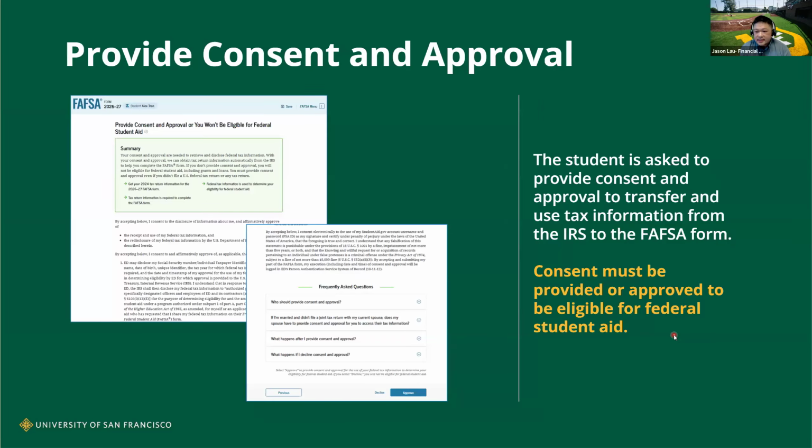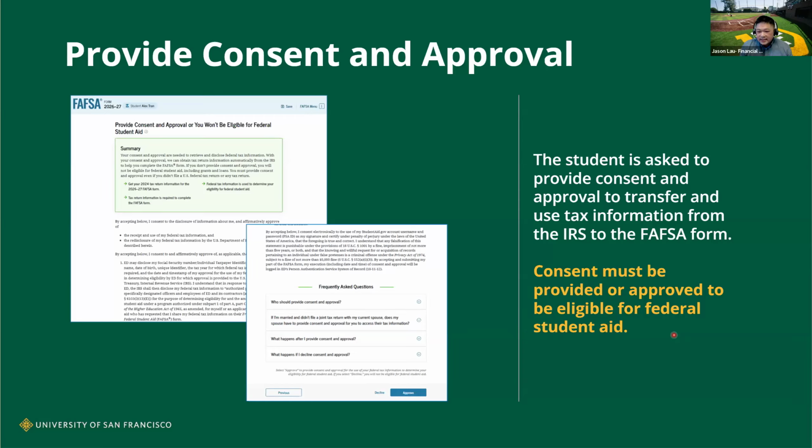Next, you'll be asked to provide consent and approval. Why this is important is because the FAFSA allows the functionality where all students and parents will have their tax information transferred over from the IRS. So if you filed a tax return for the year 2024, your tax information will automatically be pulled in from the IRS and provided on the FAFSA, making this process a bit more simple and easy for you.